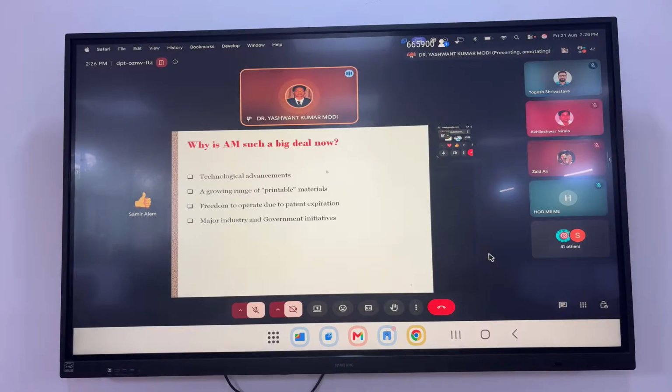Why is additive manufacturing such a big deal nowadays? We all know that additive manufacturing was launched in the 1980s, but it has gained momentum after 2010. The technological advancement that took place in the previous decade has been responsible, meaning powerful software capable of generative design and topologically optimized design. Because of that, 3D printing technology has gained great popularity in the market.